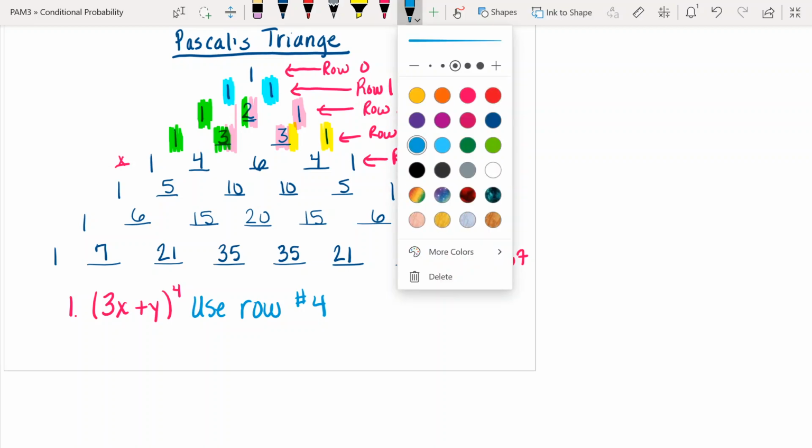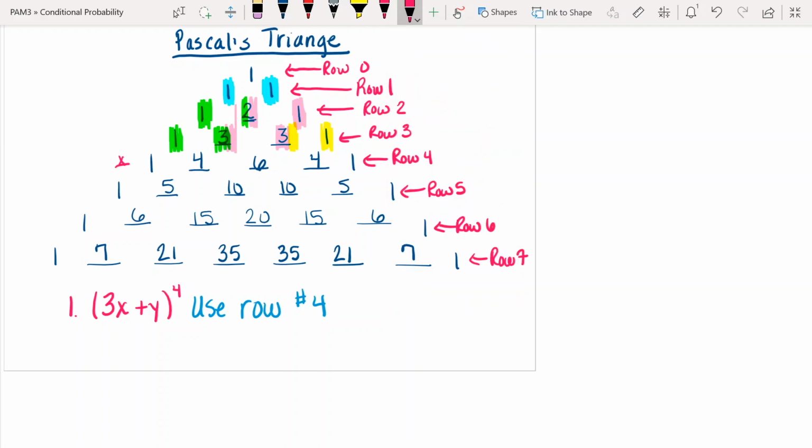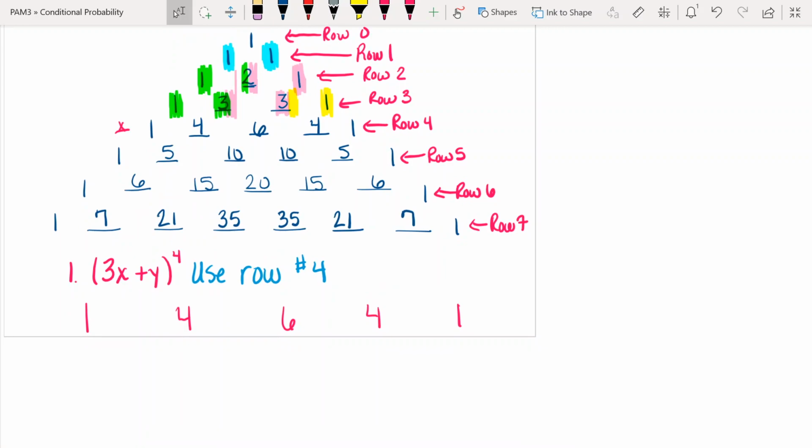I'm going to take those numbers as my coefficients: a 1, a 4, a 6, a 4, and a 1. We want to leave space in between so we can add things. Because this one is positive, everything when we expand this binomial is also going to be positive.